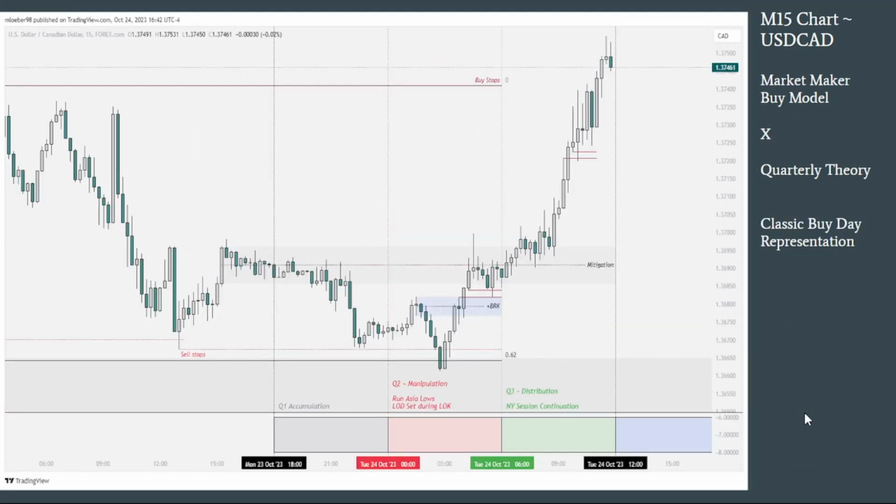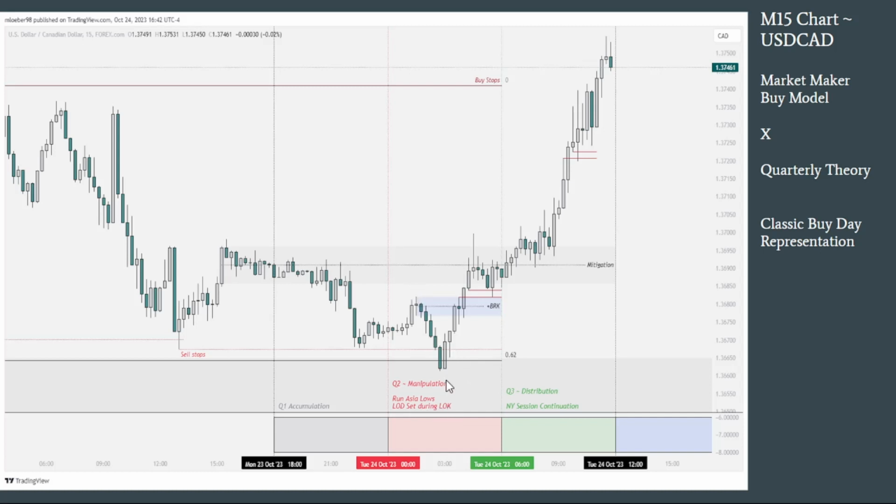Now moving into the M15 chart on USDCAD, we have our obvious market maker buy model. And this is our daily cycles with Q1 being accumulation, Q2 running Asia lows, setting the low of the day during London kill zone.